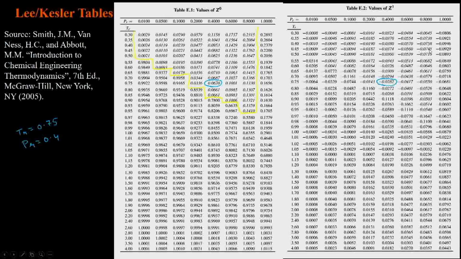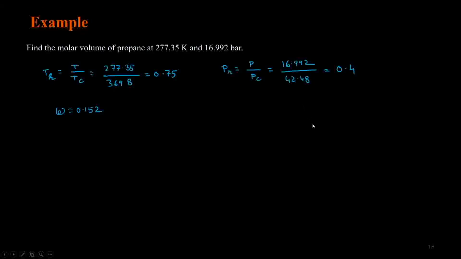And we can look at the values of Z, they're pretty small, corresponding to the low liquid volumes. Z0 we have is 0.067, and Z1 we have is negative 0.0282. If I calculate Z here, it's 0.0627, and the volume is ZRT over P still.